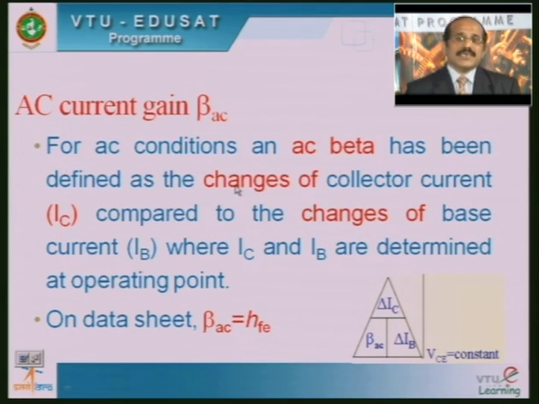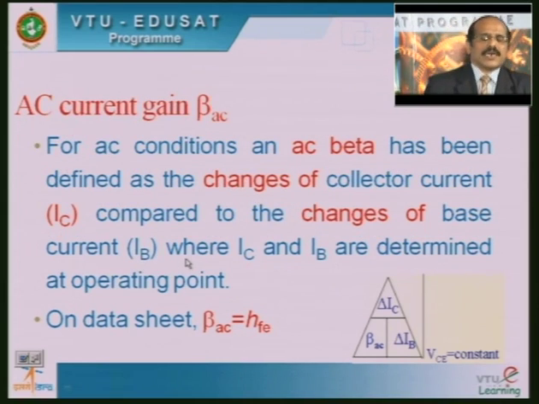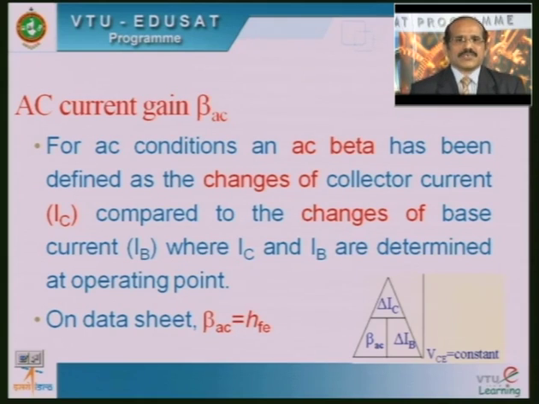Apart from the common emitter DC current gain, we have one more current gain, called the common emitter AC current gain, or in short beta AC. As I told you, current gain is the ratio of output current to input current. Here the output is the collector current, whereas the input is the base current.